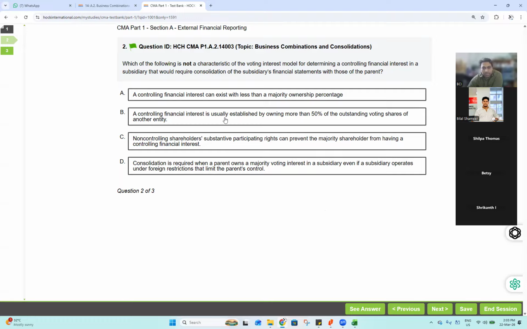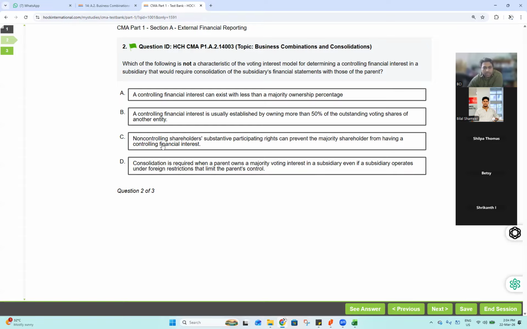Controlling financial interest is usually established by owning more than 50% of the outstanding shares of the entity. That is actually the voting interest model. The non-controlling shareholders' substantive participative rights can prevent the majority shareholders from having a controlling financial interest. This is also not a voting interest thing. Then consolidation is required when a parent owns a majority voting interest in the subsidiary, even if the subsidiary operates under foreign restrictions that limit the parent's control. Okay, this is the voting interest thing. This is also voting interest.